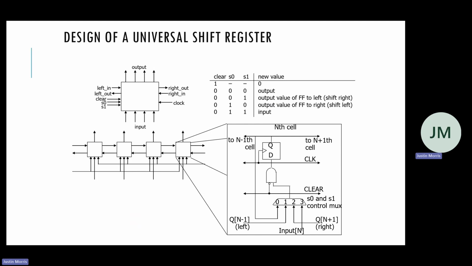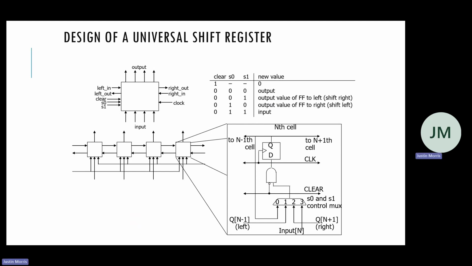On the inside, this is just one of them, right? This is our register holding our value. And if we have clear, right? So this is clear. If it's 1, then we invert it on this AND gate, and that forces it to 0.